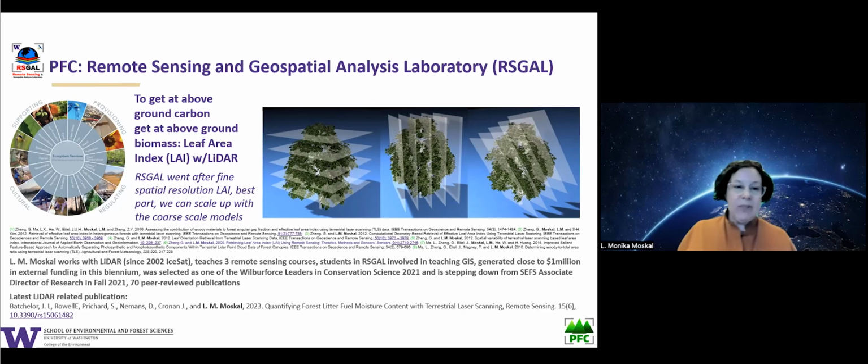And in my framework, carbon sequestration is an ecosystem service that we can monitor, and we can get at above ground carbon through looking at biomass. To get at biomass, one of the more unique things we can do is extract leaf area index. And we can do that with LiDAR by taking LiDAR point clouds and slicing them at different angles and trying to solve for that leaf area index variable.